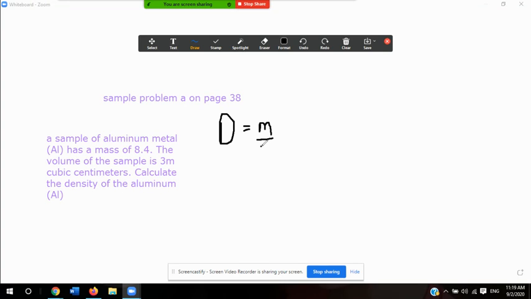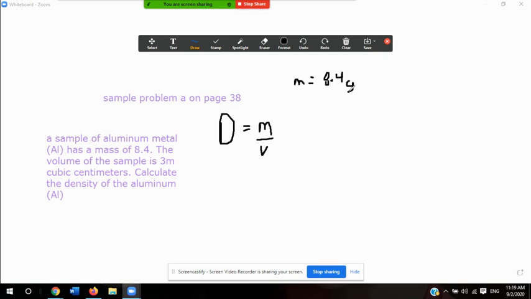Of course, you're going to need a calculator for it. We want to identify what we have. The mass is 8.4 grams, and I'm going to write that here so I can see the information and plug it in.